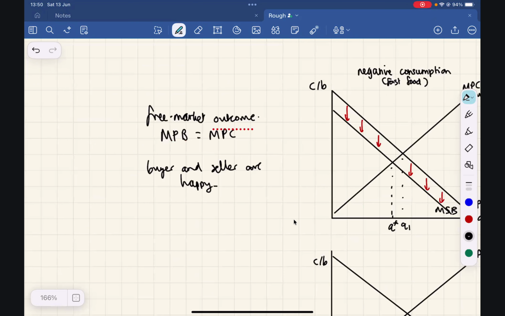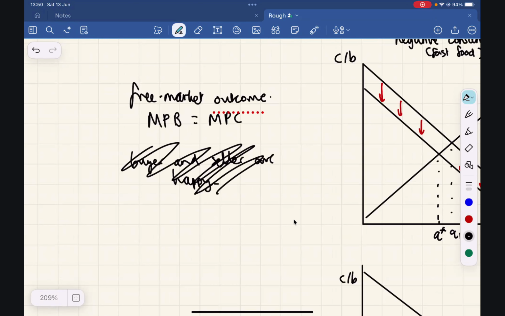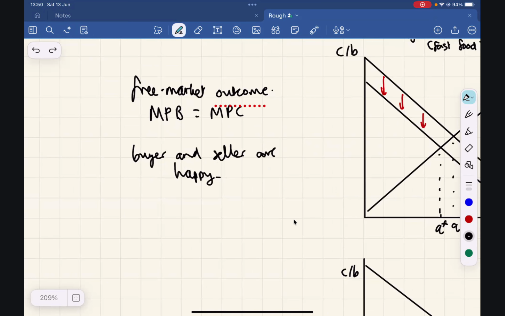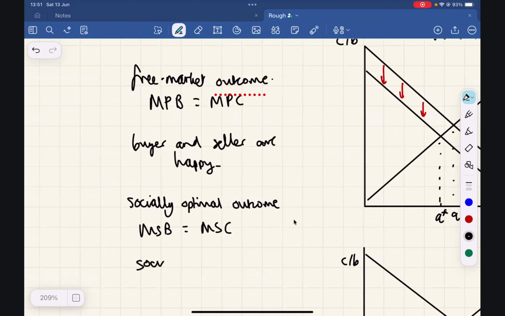So here, you know how I said the free market outcome is where the marginal private benefit equals the marginal private cost? Well, the socially optimal outcome is where MSB equals MSC, because these are the correct curves that factor in society's preferences. So now social welfare is maximized.